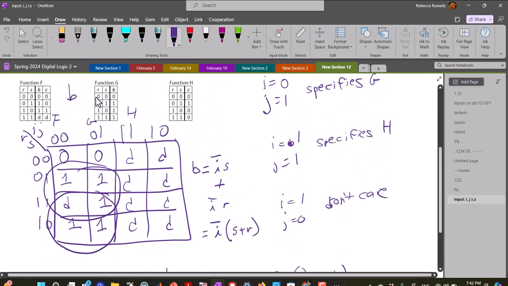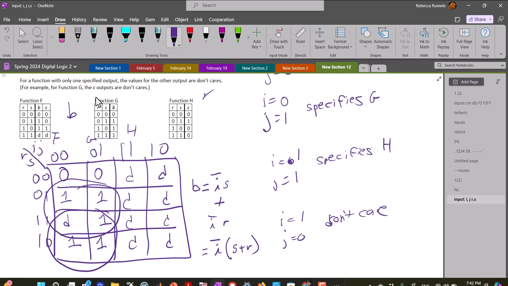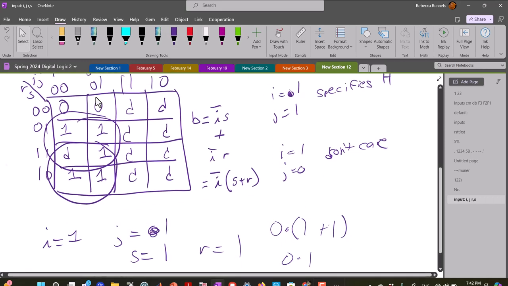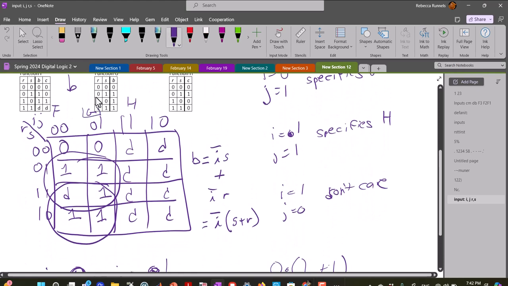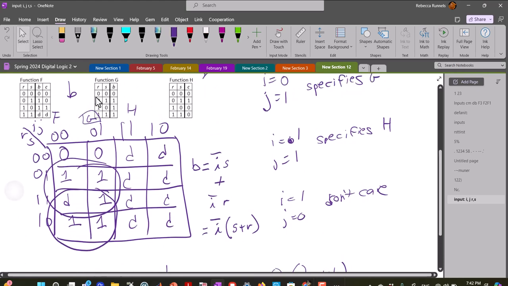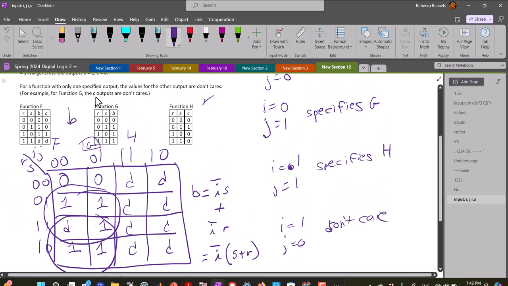So I1, J1 specifies H, but H is don't care for B, and I was looking at the wrong one. So I really want I equal 0 and J equals 1. So I equals 0, J equals 1, that specifies G. Now we're talking. And now for G, if I have 1, 1, I should get an answer of 1.